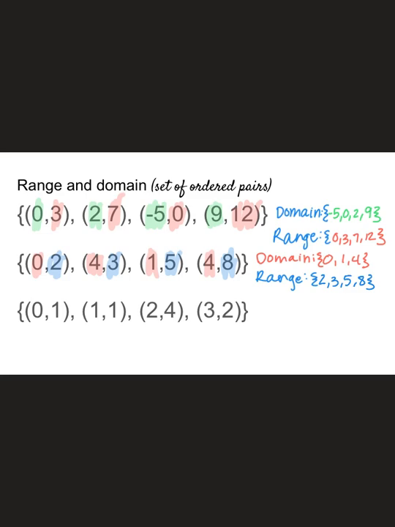And then last one down here. The domain, the x values, we've got 0, 1, 2, and 3.